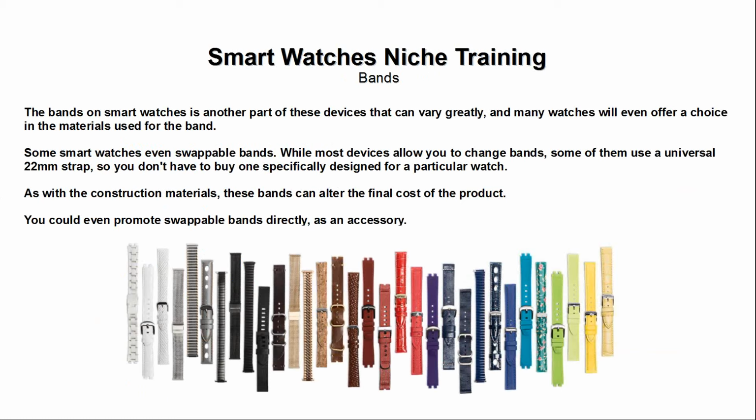There are certain products, though, that do not use these swappable bands. You can still change them out, but you often have to buy a band designed for that specific watch. Obviously, the models that have the swappable bands are going to be more appealing to people because they're not going to be limited to that smaller selection. They can ultimately choose from any type of material, any type of color that they really want to have as the band of their smartwatch.